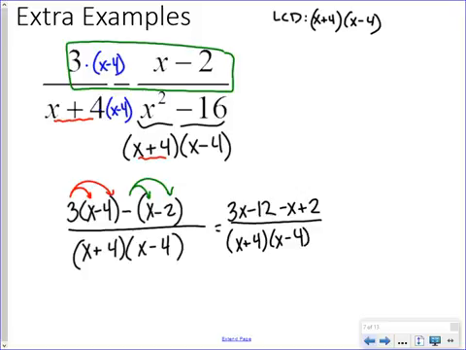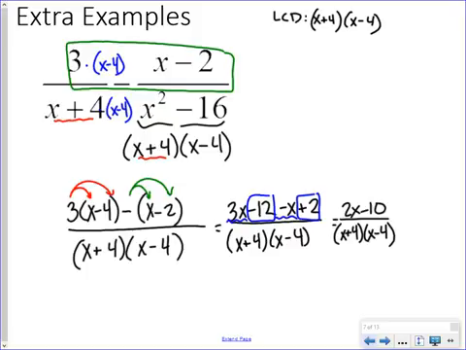And I can combine like terms in my numerator. I've got a 3x minus x, which gives me 2x. I've got a minus 12 plus 2, which gives me minus 10, and that's all over x plus 4, x minus 4. Now remember what we said, we should stop and check our numerator.